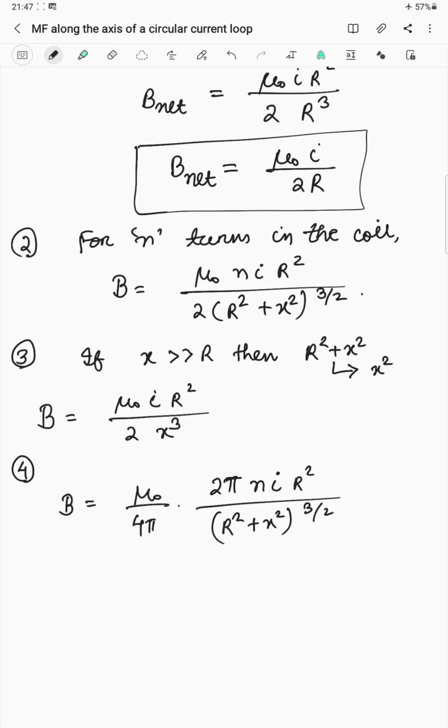Now you see pi and r square, what will give you? It will give you the area of the current loop. So we can use pi r square is equal to A, where A is the area of the current loop.